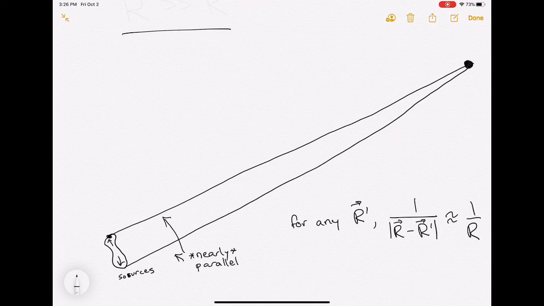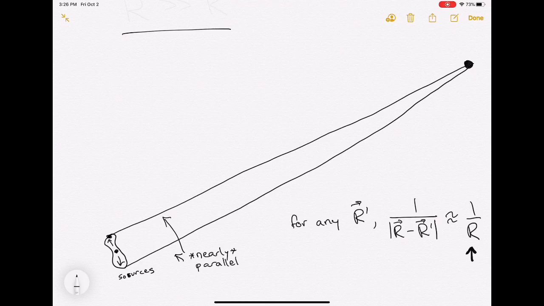The distance from the origin, let's say it's at the center of our antenna, although we don't really care, to the observation point. This kind of makes sense. Your antenna's extent is probably a wavelength or a few wavelengths or even several wavelengths, but in general you are many, many, many, many wavelengths away. And this depends monotonically on r.